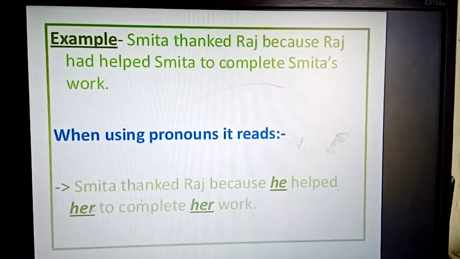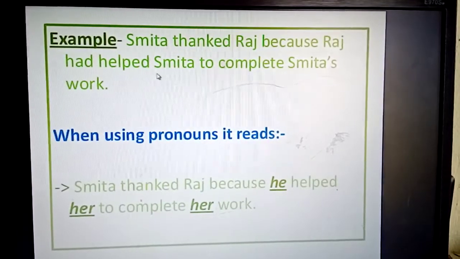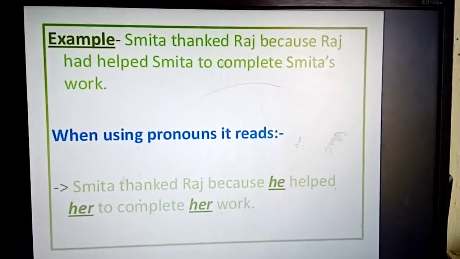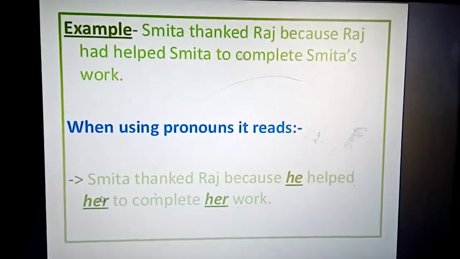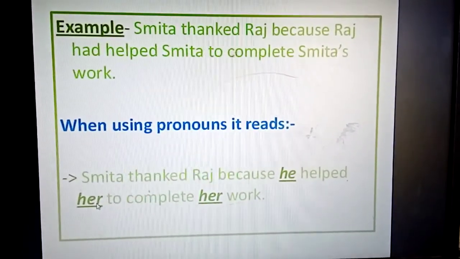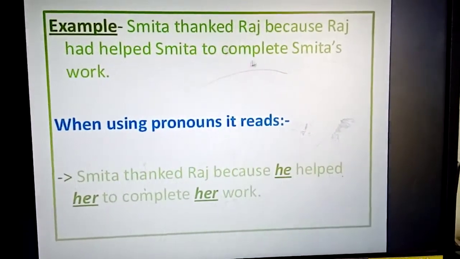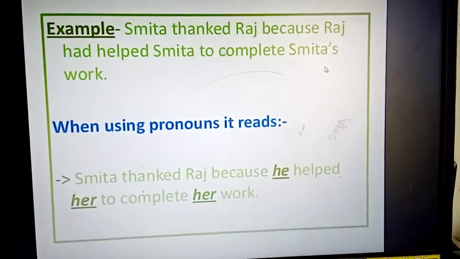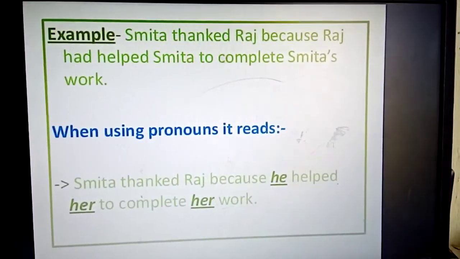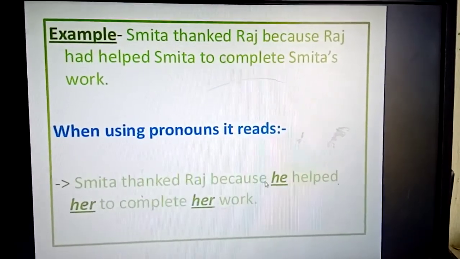Asmita thanked Raj because he helped her. Her is used here for Asmita. See, Asmita is a noun here, and in place of Asmita, her is used, which is a pronoun. To complete her work, to complete Asmita's work, for Asmita, her is used, and for Raj, he is used.